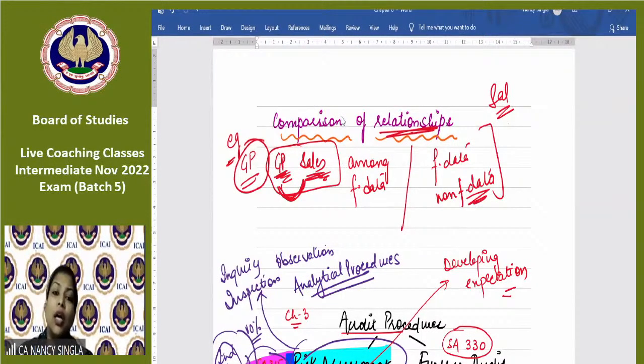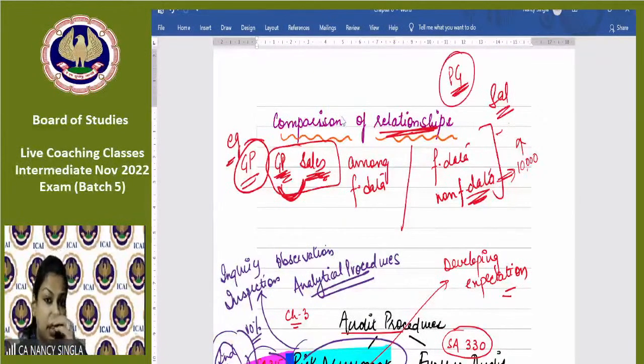So auditor may compare that with respect to a property dealer, like a property constructing company. The company has given, let's say, 10,000 flats on rent. Rent per flat is what? Let's say it is a company which is having PGs, and it gives on rent to all the college girls and boys.